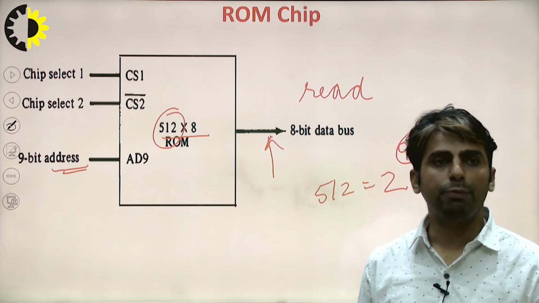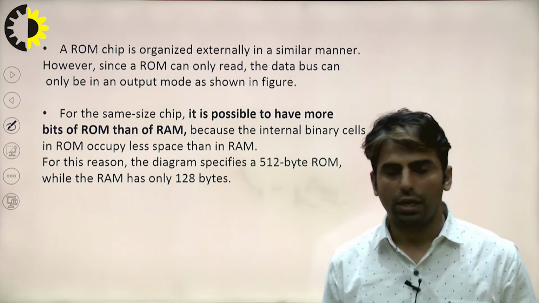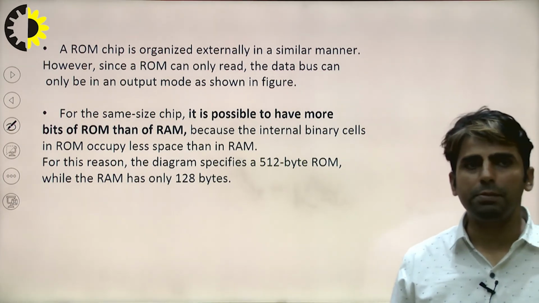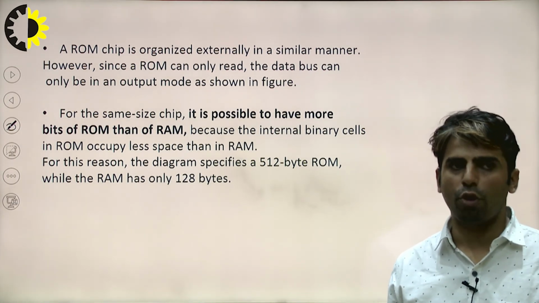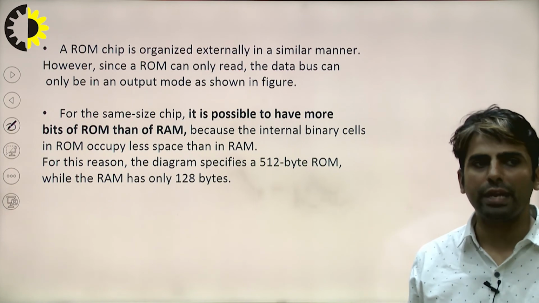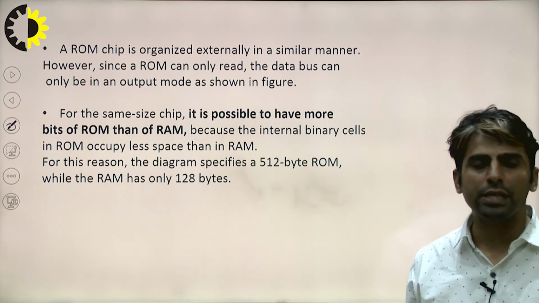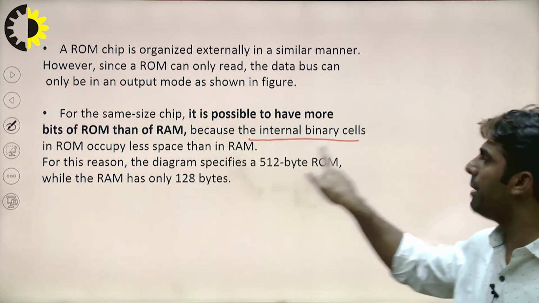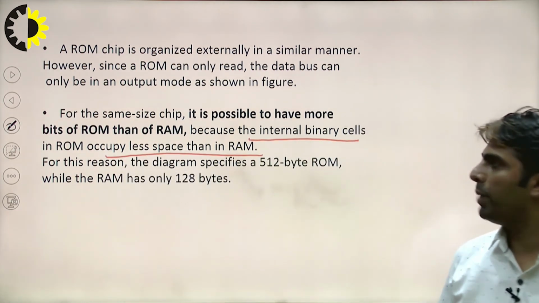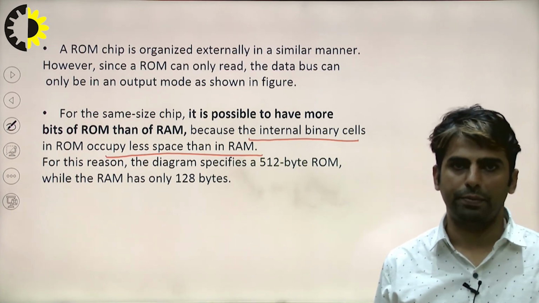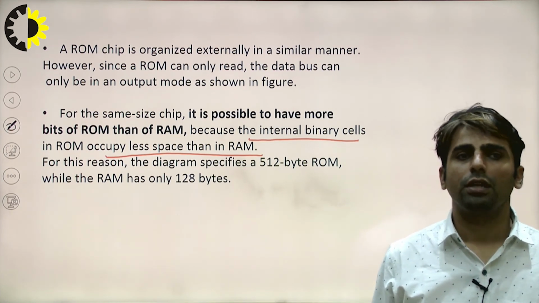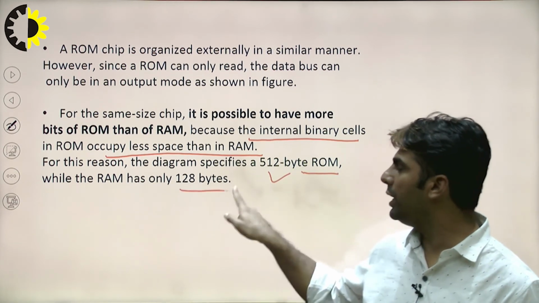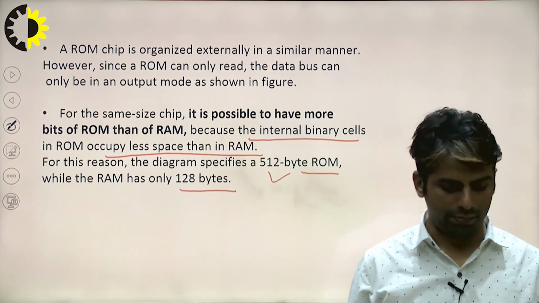One more important point about ROM is this second point. For the same size chip, it is possible to have more bits of ROM than RAM, because internal binary cells in the ROM occupy less space than in RAM. For this reason, the diagram specifies 512 bytes in ROM and 128 bytes in RAM.